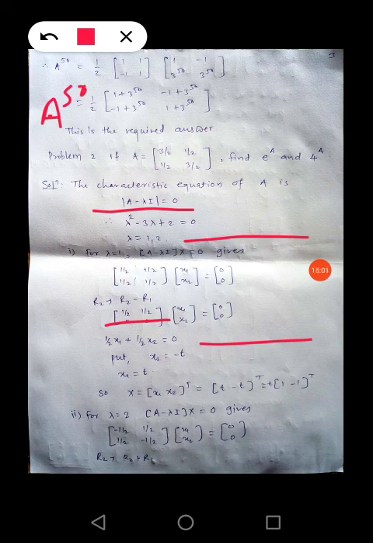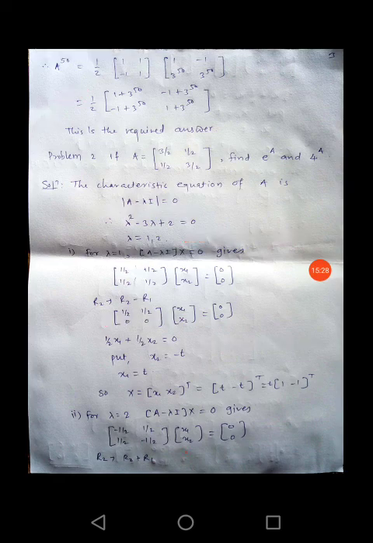Now for the second eigenvalue, (A minus lambda I) X is equal to 0 gives [-1/2 1/2; 1/2 -1/2] times the column vector is equal to the zero vector. To transform this matrix into echelon form, we will perform the row operation R2 plus R1.